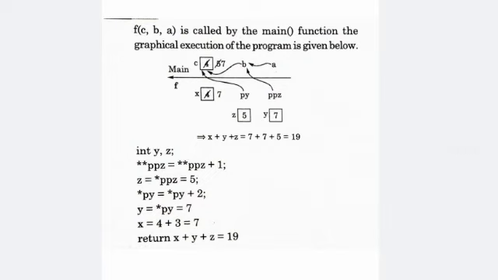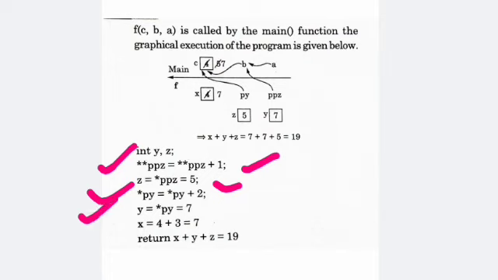Now on the basis of this, z is also going to be 5, which is already initialized, meaning the value of c equal to 5, which represents your z, because here we are using call by value reference. So on the basis of the call by value parameter, we can find the value of each variable a, b, c.